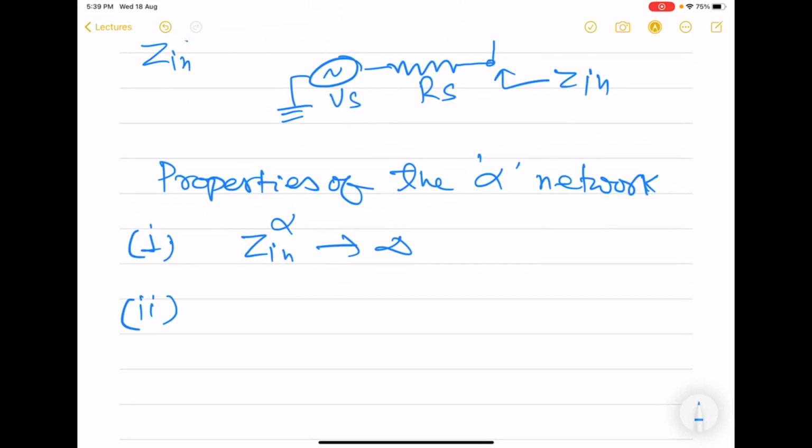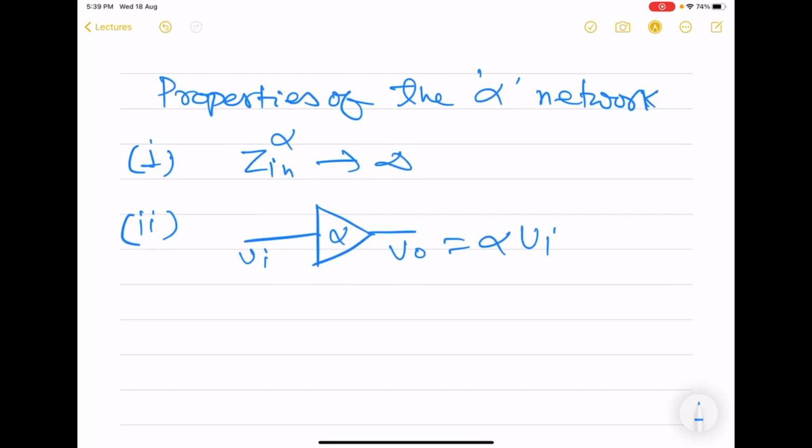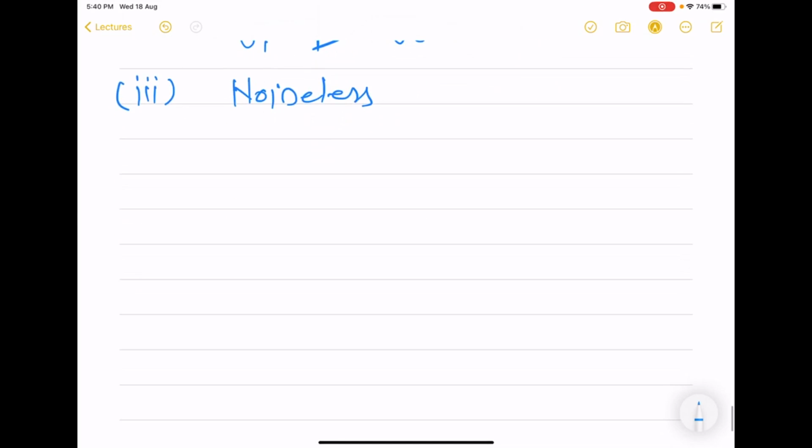And this is feedback network, so its feedback factor is alpha. That means if we have Vi here, Vo is going to be alpha Vi. This is the meaning of alpha. And we will see that this alpha need not be equal greater than 1. And in the beginning, we will just assume that this is noise less. Later on, we will remove this restriction. So now let us find out Z in for this new circuit.